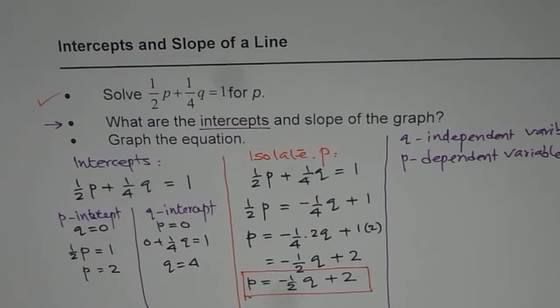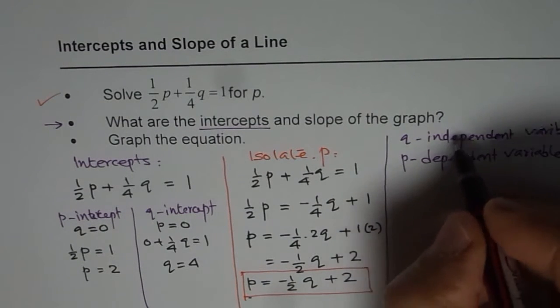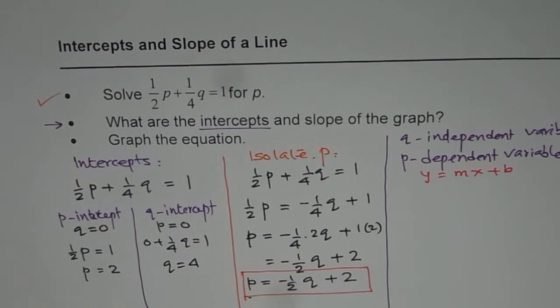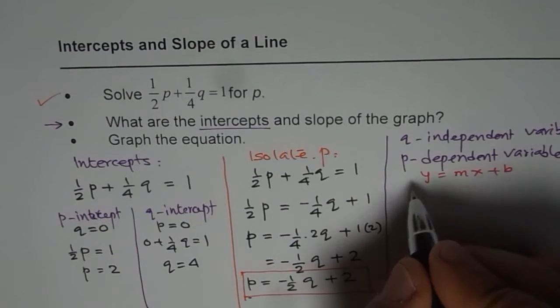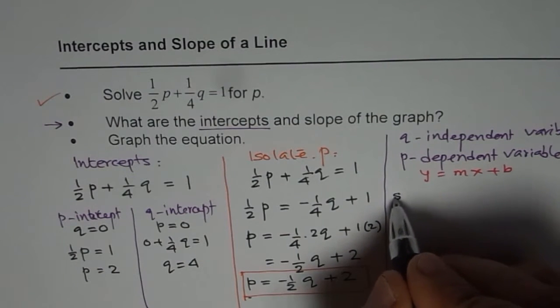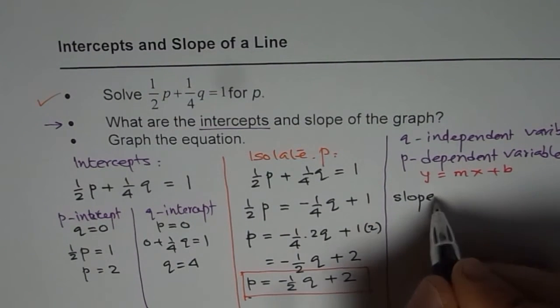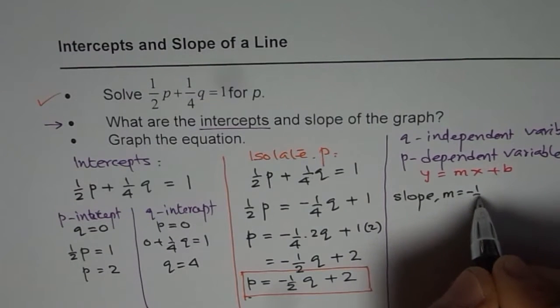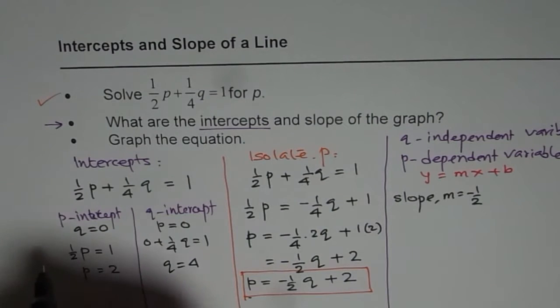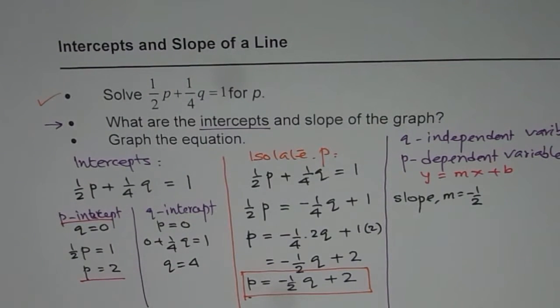If I compare this equation with y equals mx plus b, then from here I can say that the slope, if I'm doing p as dependent on q, will be, let's say m, minus 1/2. And the y-intercept, in this case, will be called the p-intercept of 2. So let us check, did we get the same answer? Yes, we did. So the p-intercept is 2 for us, right?